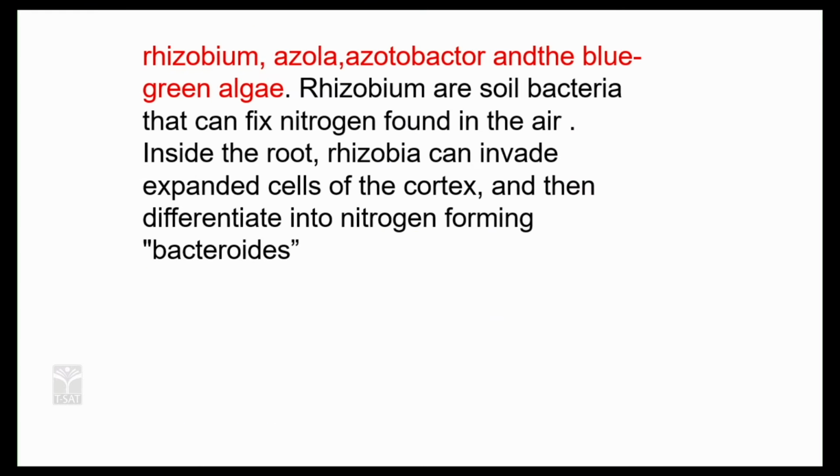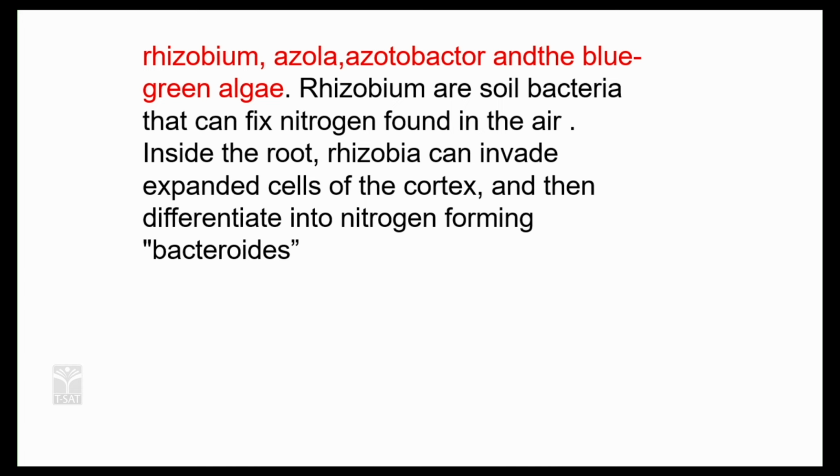Rhizobium, azolla, azotobacter and blue-green algae are some of the microorganisms which fix the atmospheric nitrogen. Rhizobium are soil bacteria that can fix nitrogen found in the air inside the roots.